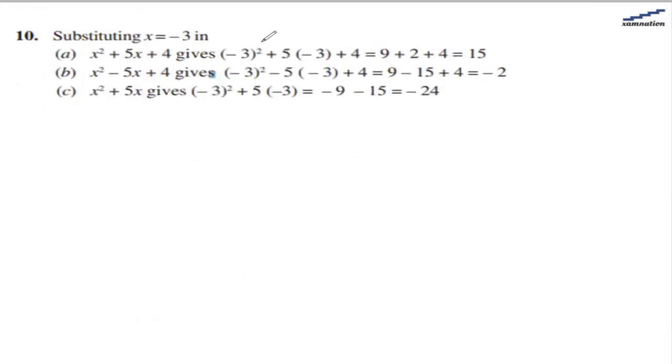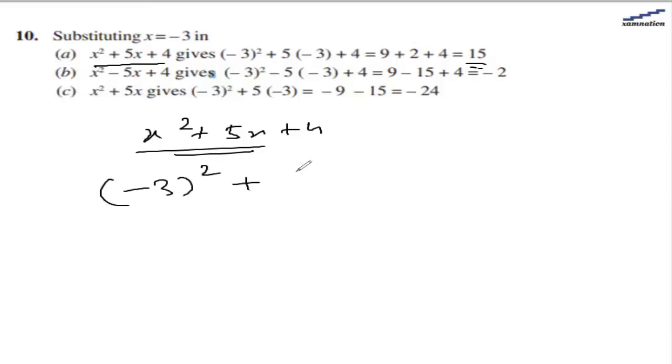In the next part, we are told that substituting x equal to minus 3 in x square plus 5x plus 4 gives us 15. Let's first write this. If we substitute x as minus 3, this will be (minus 3) raised to 2 plus 5 times (minus 3) plus 4.